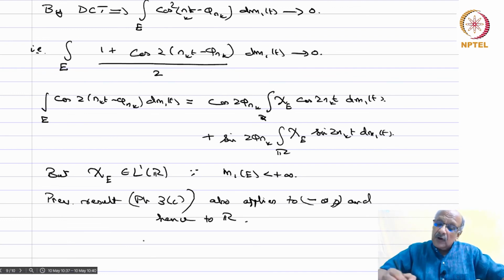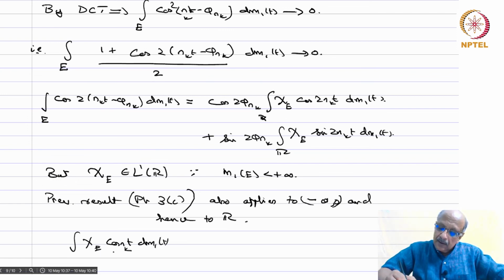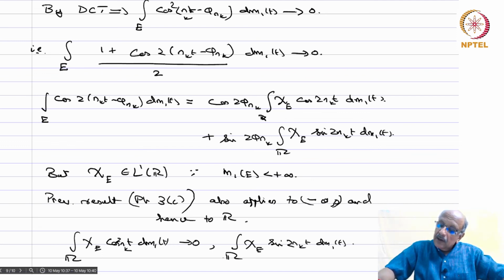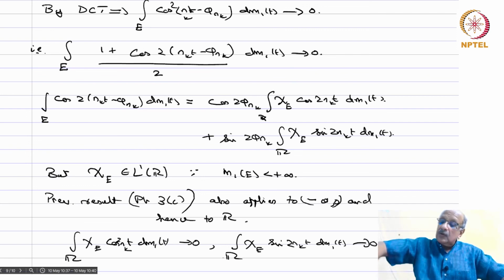Therefore, you have that the integral of chi E cos 2nk t dm1(t) over R tends to 0 and the integral over R of chi E sin 2nk t dm1(t) also goes to 0.